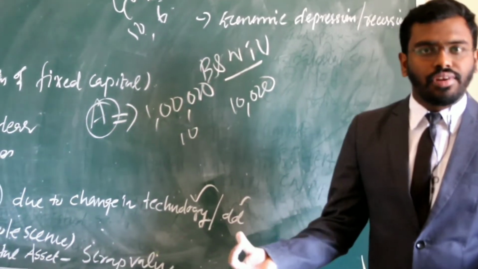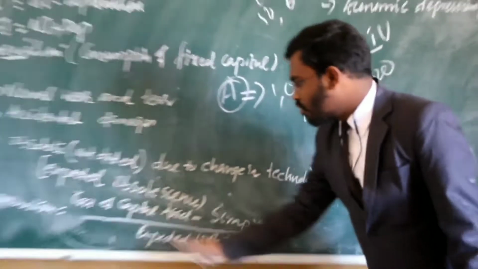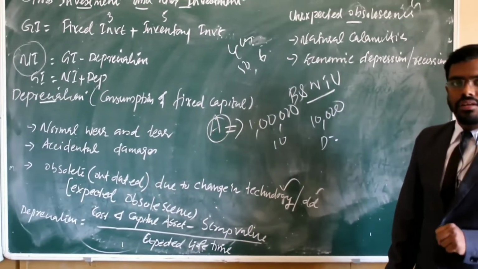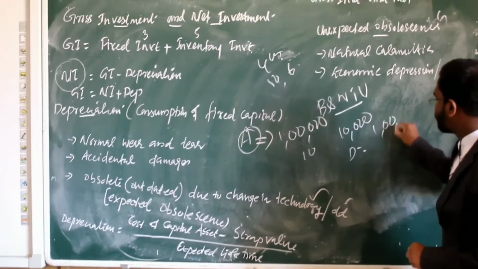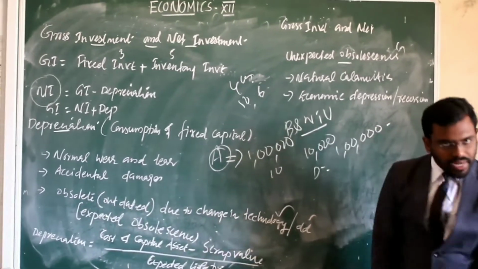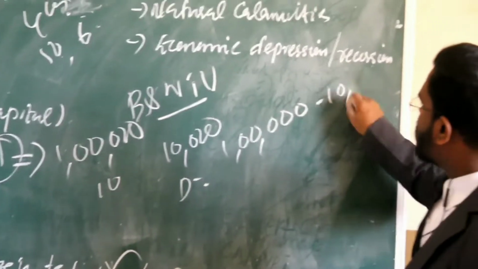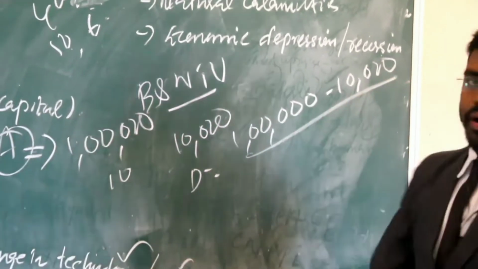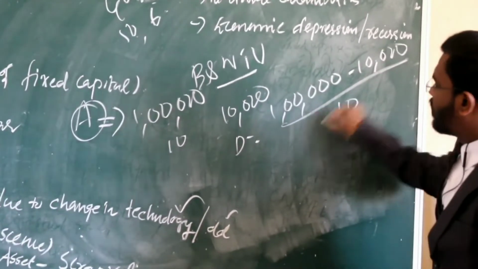Then how can we calculate depreciation? Depreciation is equal to cost of capital asset, that is 1 lakh, minus scrap value, 10,000, divided by expected lifetime, that is 10.